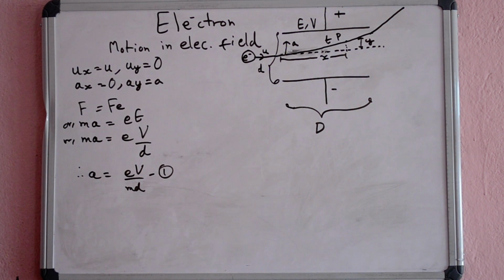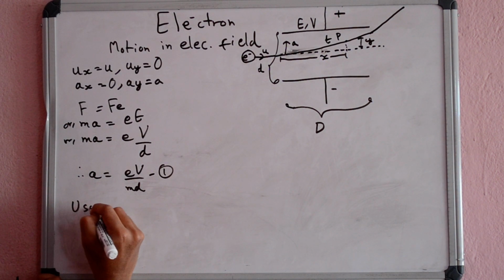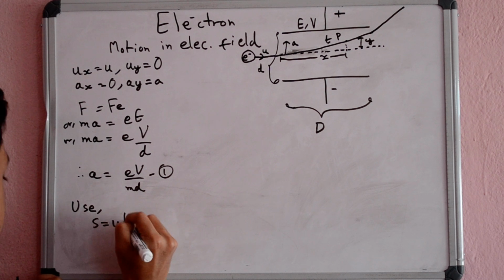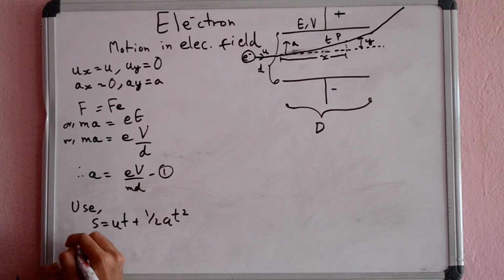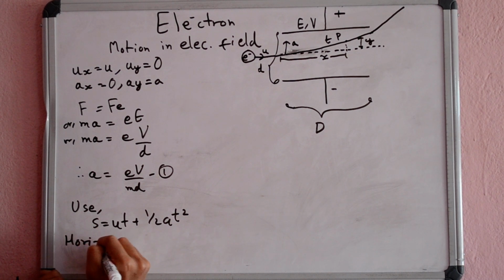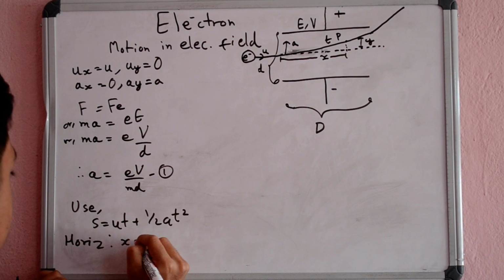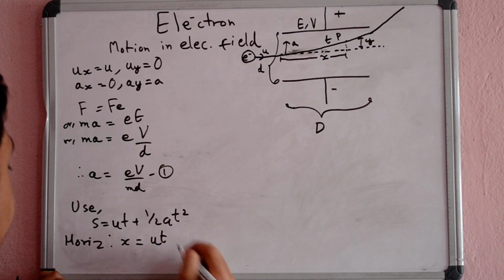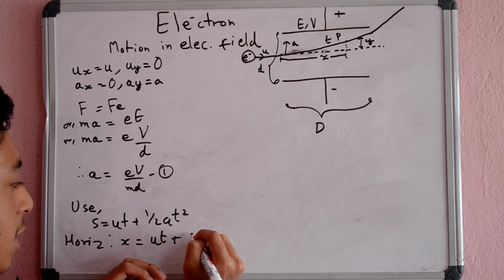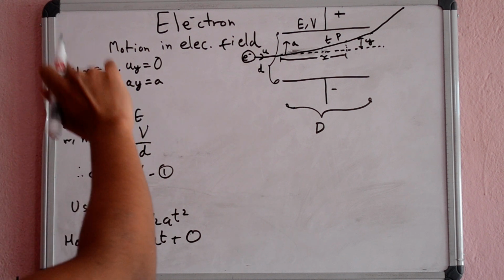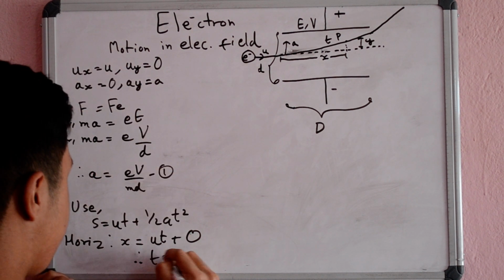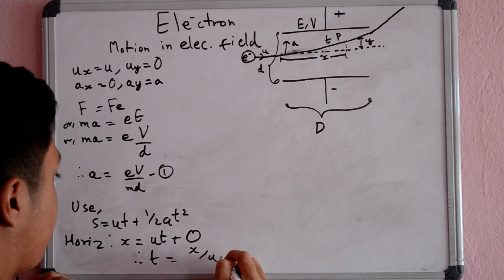So here we can use s equals to ut plus half at square. Now for the horizontal component, we have x equals to ut plus this whole thing is 0, because acceleration across the horizontal component is 0. Therefore we have time equals to x by u.